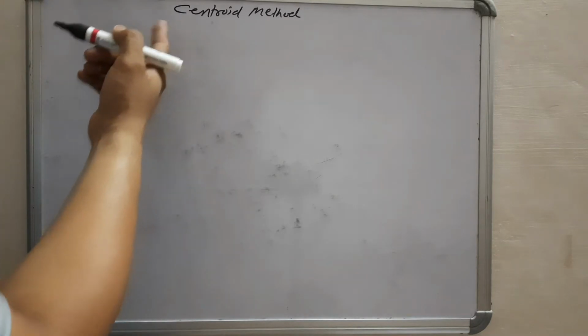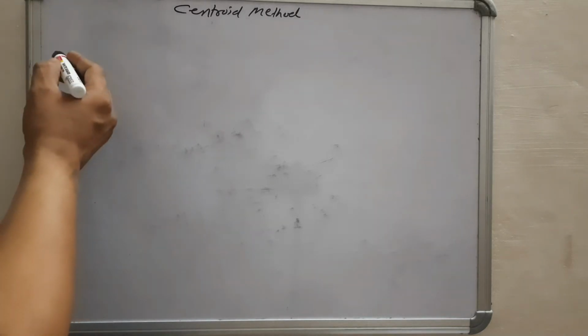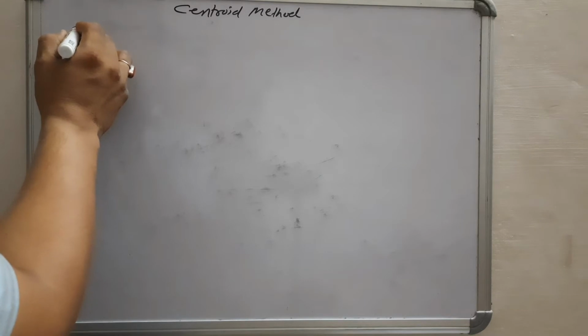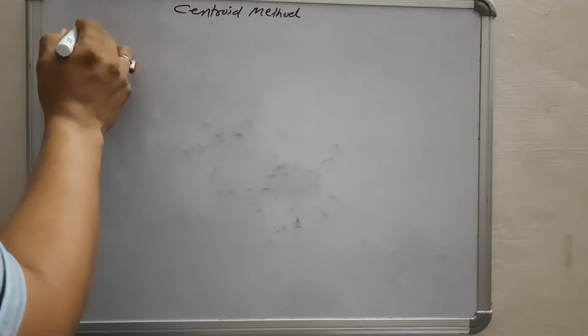This method of defuzzification gives the defuzzified value based on the center of area and center of gravity. So, let's take an example. Suppose two fuzzy membership functions are given.